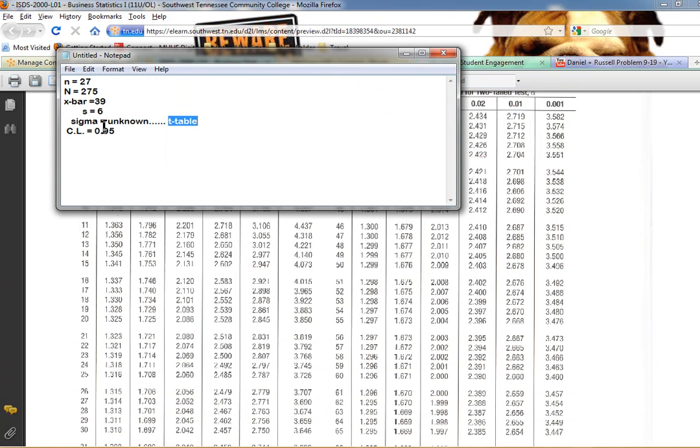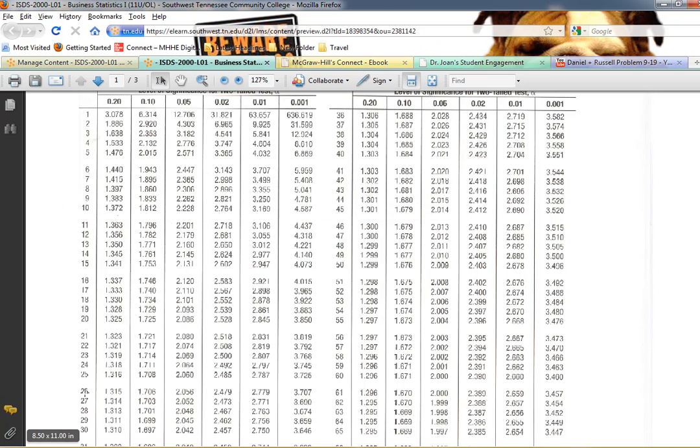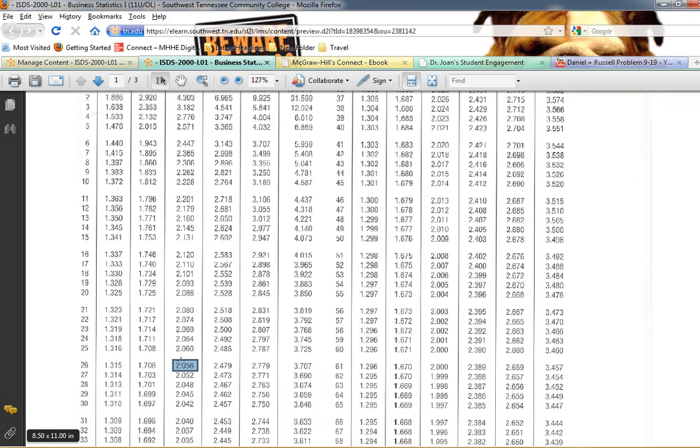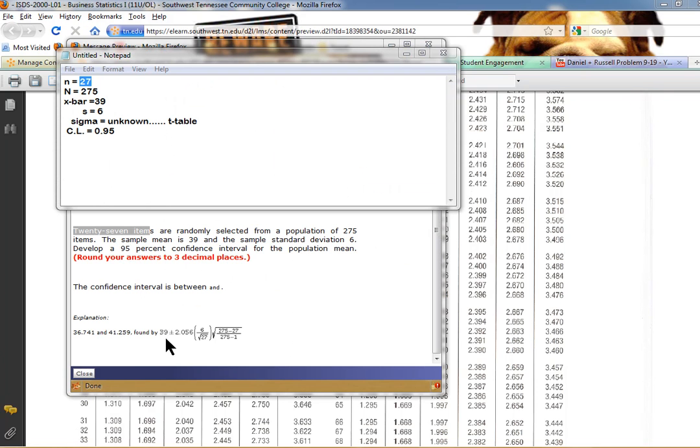So, if our little n was 27, we're going to look for 26. We're going to go across to where we're under the 95% confidence level, and that's where the 2.056 comes from.